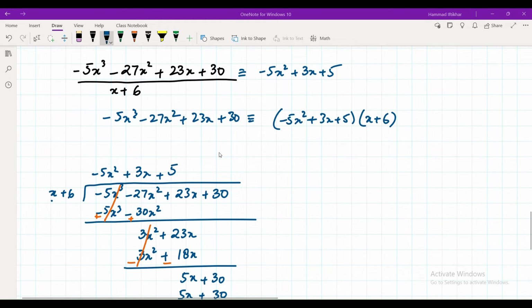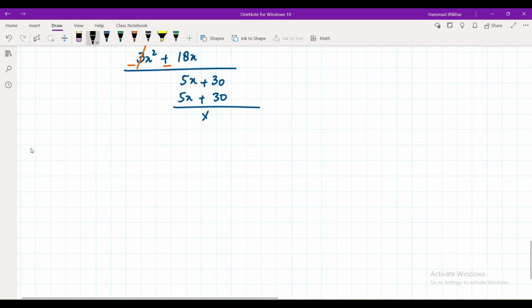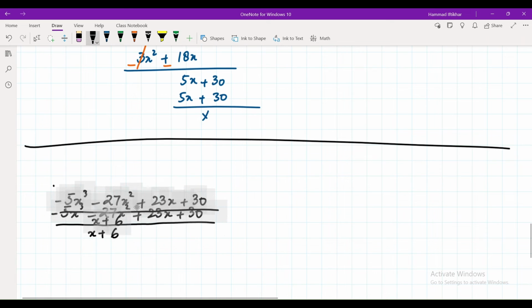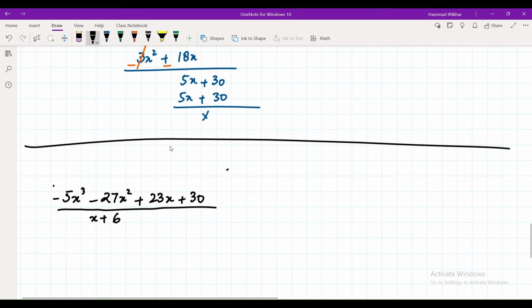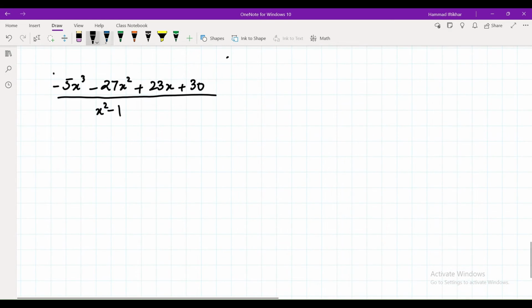Now, let's try another example, and let's take the same expression and try out something different. So instead of a linear expression, let's try dividing it with, for example, x squared minus 1. So let's see what we get this time.